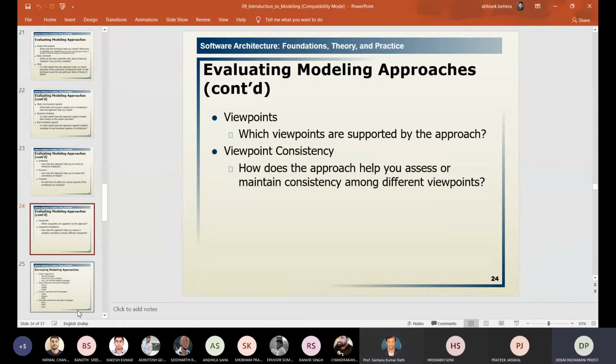Because a large architecture means a large number of viewpoints, and while coordinating them, you have to check whether they are consistent or not, and evaluate it.